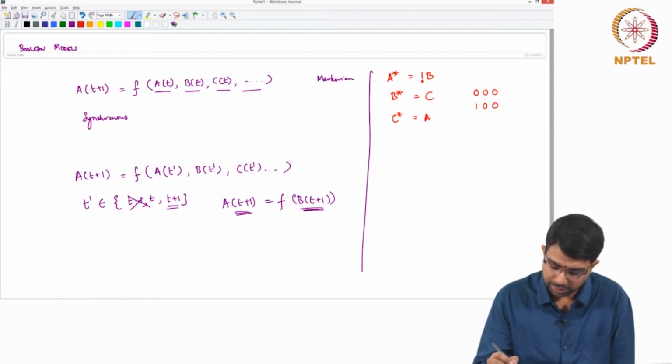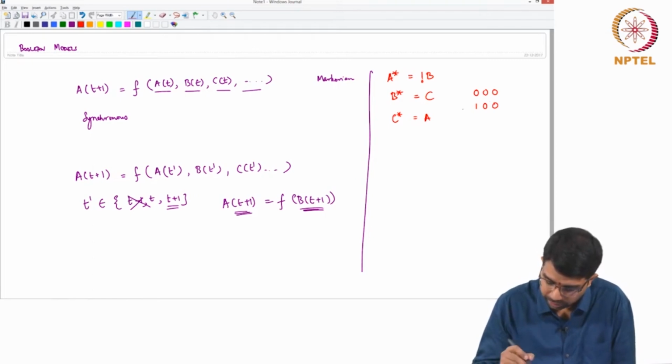So, you basically negate the second one and copy the third and the first. That is what we are doing. You take C as is and put it here, and this you negate and put here.